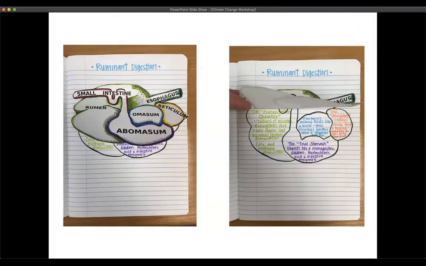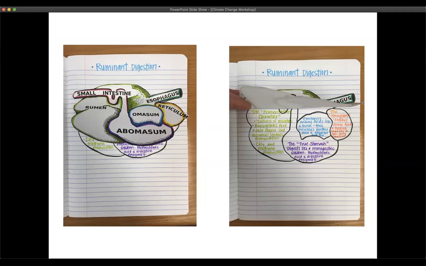Okay, so cattle have a ruminant digestive system, which means that they have 4 chambers in their stomach. That's part of their ability to digest feed that humans or other monogastric animals cannot, which is kind of a whole other topic on its own. But something unique about this ruminant digestive system is it creates a gas called methane.